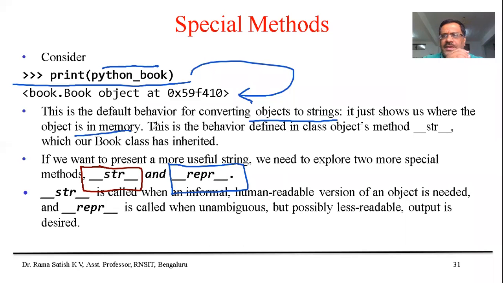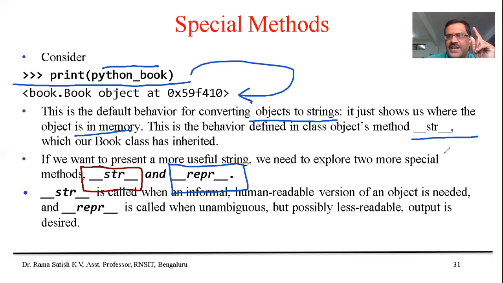Of course, we want to print the values that are there in that particular object, the instance variables of that object, but it is printing the address. So in that case, we can redefine this behavior in the method called str.